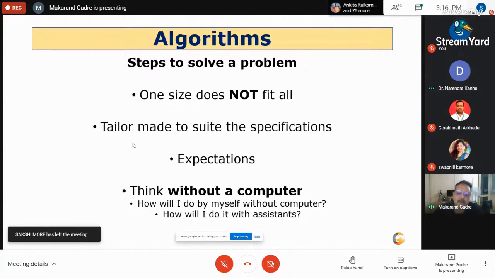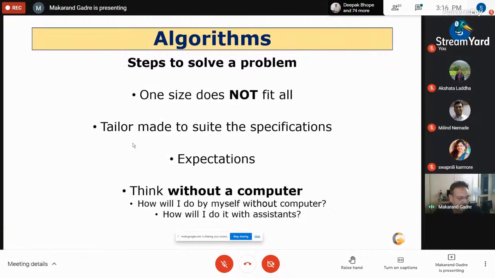I was looking at the syllabus for a lot of colleges in Pune, for example the BCS and BE Computer Science at Fergusson College, Symbiosis, and MIT, not the Boston MIT, the Pune MIT. I found that a lot of algorithms are taken for granted.